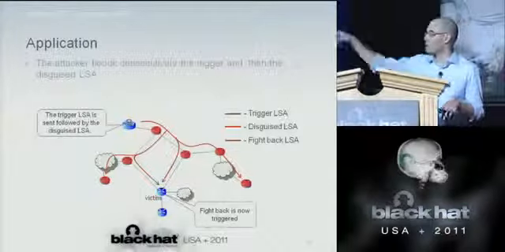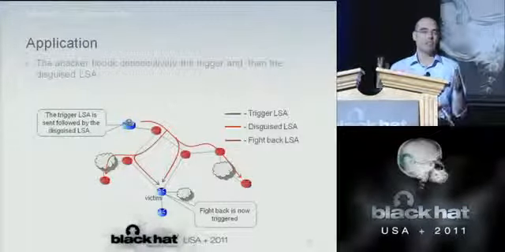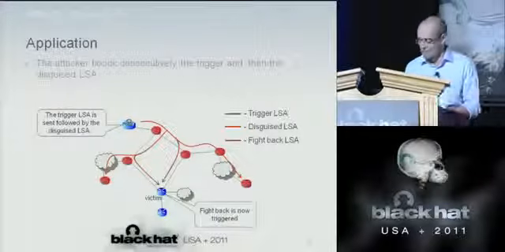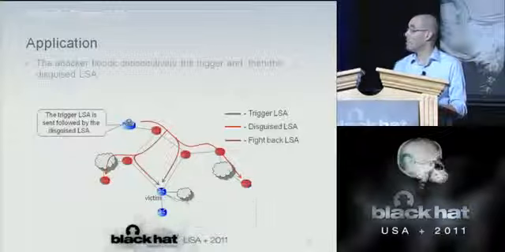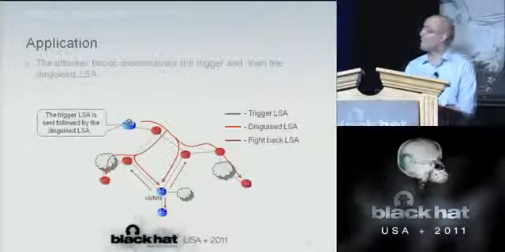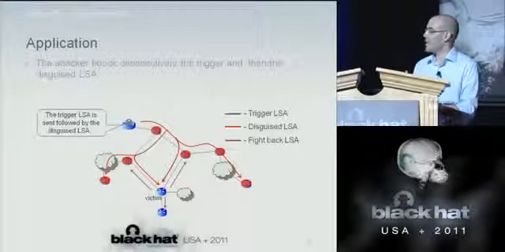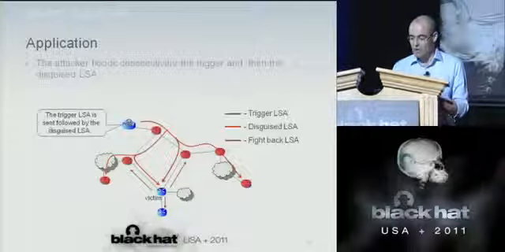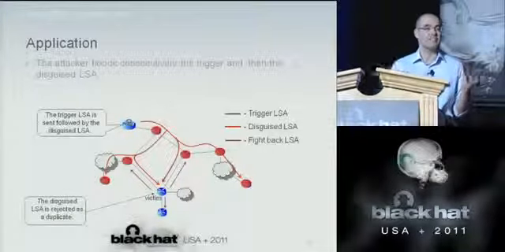Now, at this point, the trigger LSA is received by the victim, which means it will now spit out the fightback LSA to all its neighbors, like so. Meanwhile, the victim will now receive the disguised LSA, and it will simply ignore it and treat it as a duplicate of the fightback it just sent.